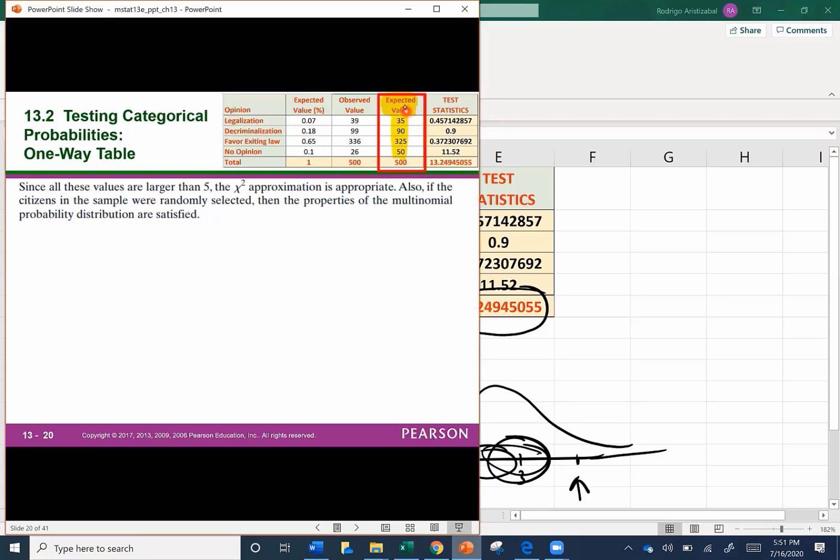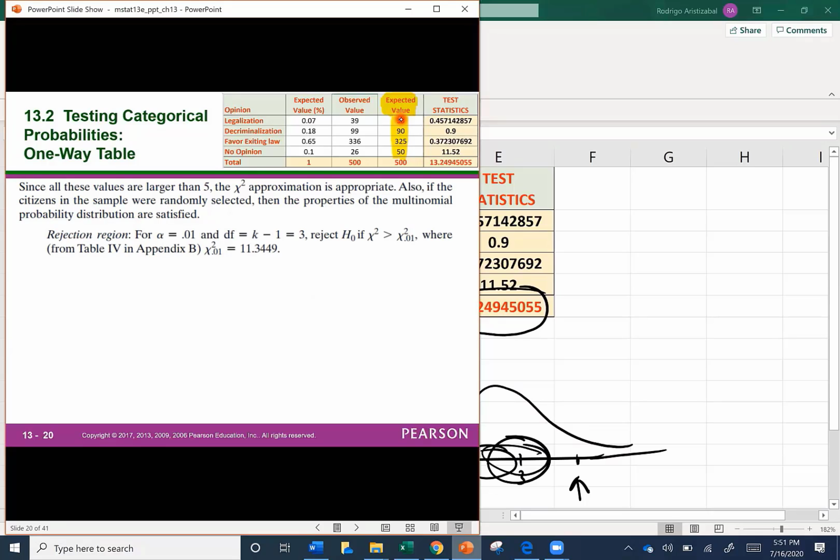That doesn't matter, but all of my expected values should be greater than 5. We guarantee that if we take a sample big enough. Then the other condition is my sample should be selected randomly. Those are the two conditions that we need to use the chi-square procedure.